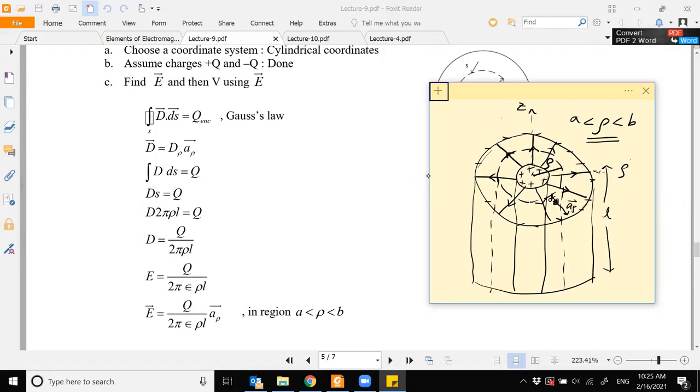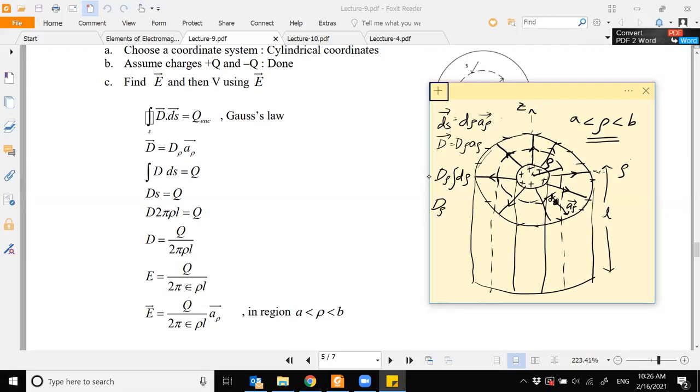So if you do the dot product, it will simply be D rho times the integral of dS.